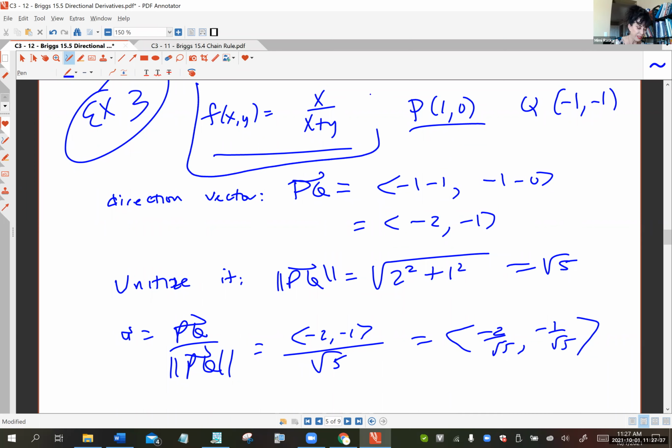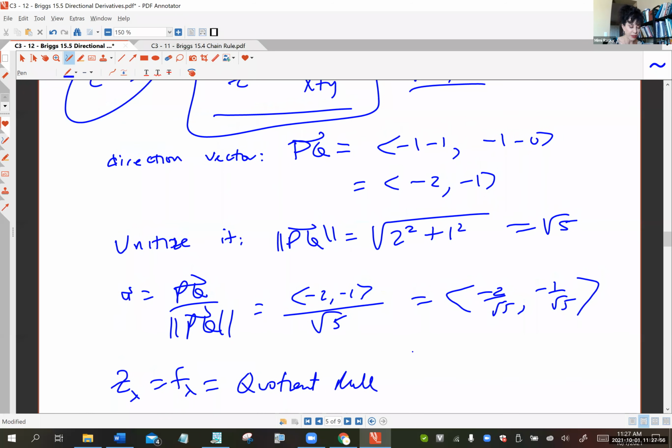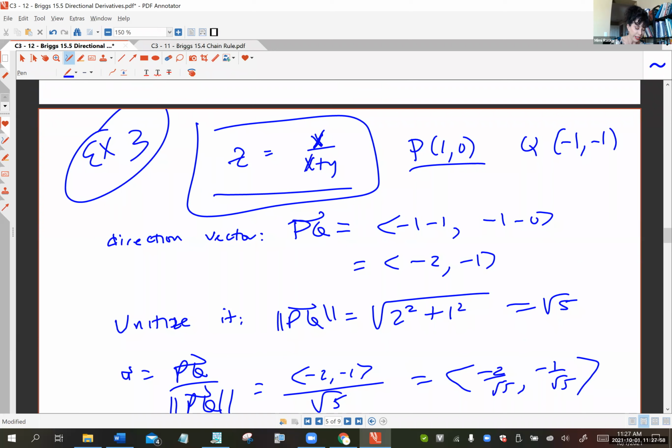So if this function is what we're going to work with, and I'm going to call it z, let's go z. If I'm going to get zx, which is the same as fx, I need the quotient rule. The reason why is because I'm working with a quotient. X is appearing in the numerator and the denominator.